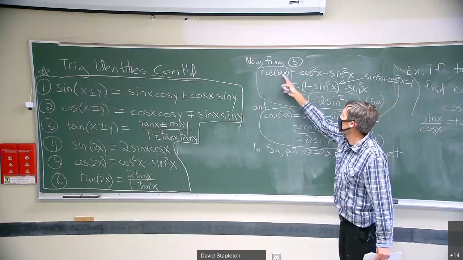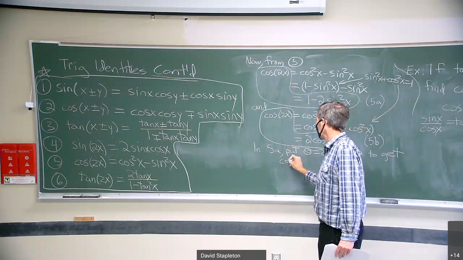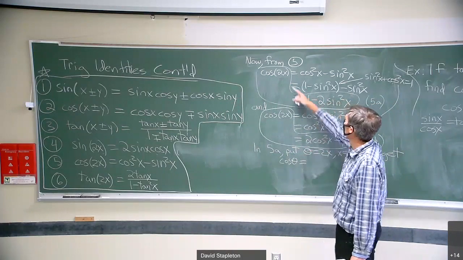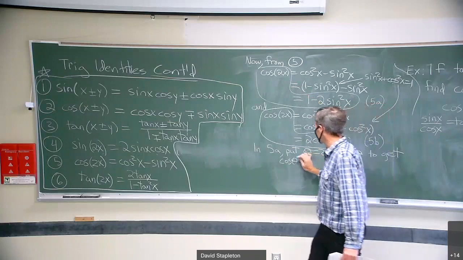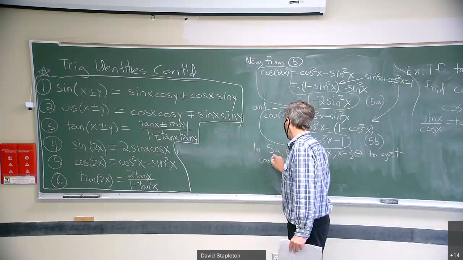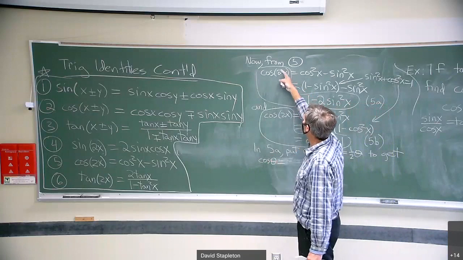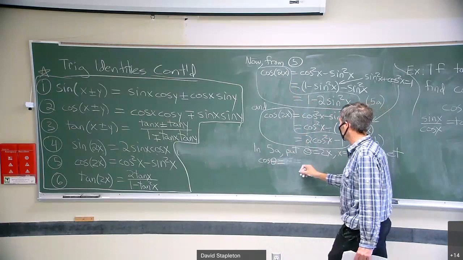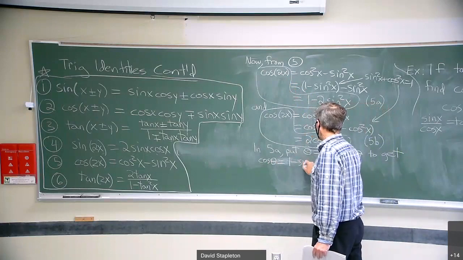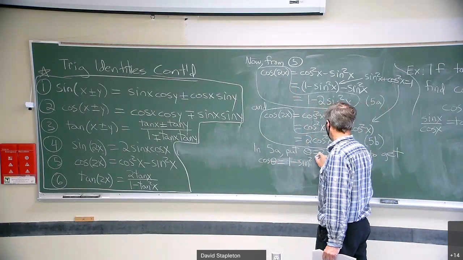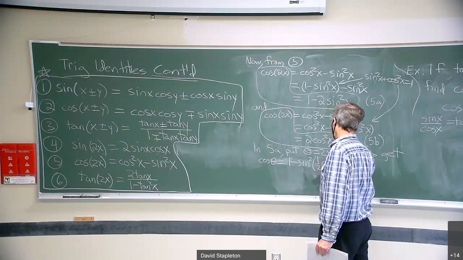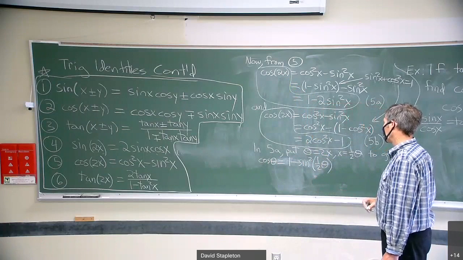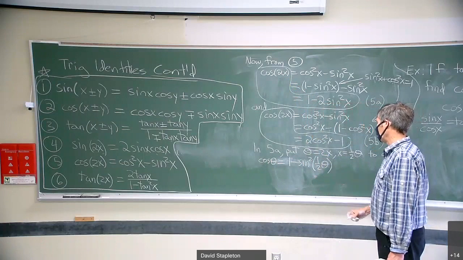Well, this becomes cosine theta equals, so 2x is theta, 1 minus 2 sine squared, and x is 1/2 theta. I can solve that for the sine of 1/2 theta as follows.